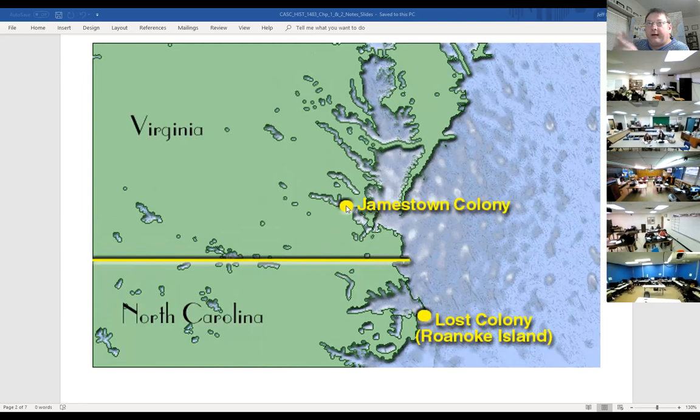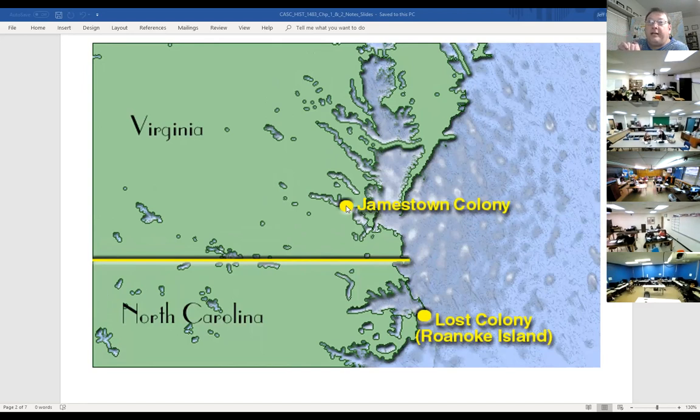And before I forget, Jamestown Colony was founded by the Virginia Company. England, their colonies were founded differently than the Spanish colonies. All of the Spanish colonies were royal colonies.